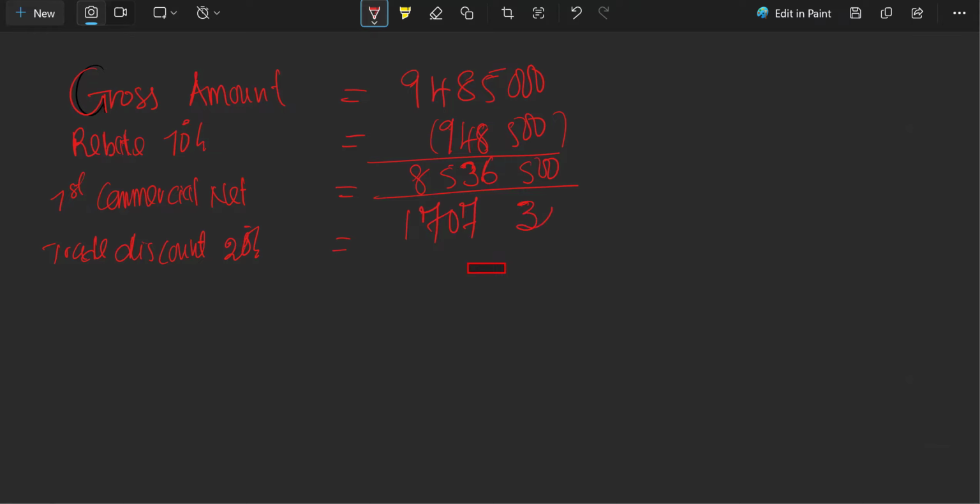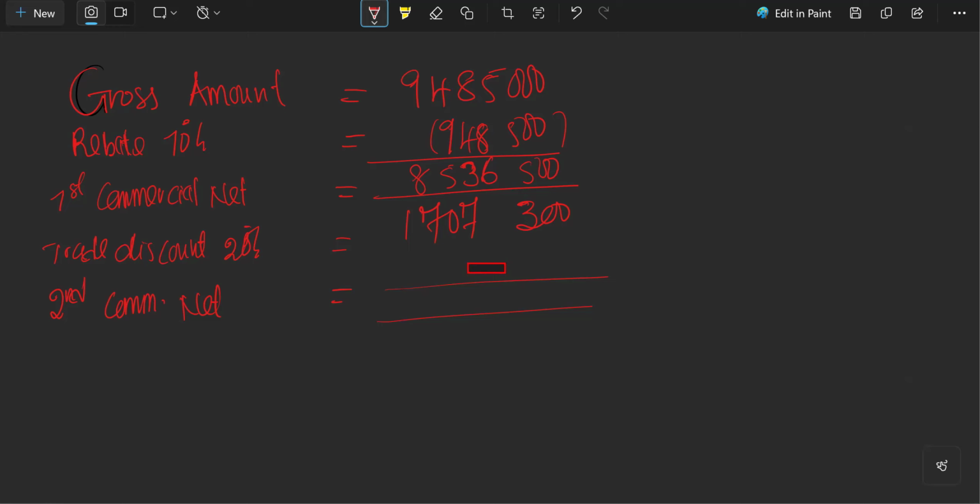1,707,300. Okay. So now after that, we're going to have a second commission rate, which will give us 8,536,500 minus 1 million.